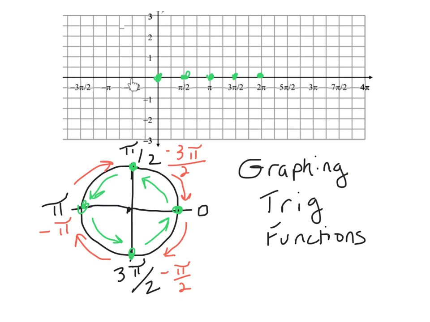And that's why you see negative pi over 2 here on your graph. So this point right here is negative pi over 2. That corresponds to this angle measurement when we're going in the negative direction. Then we have negative pi, that's this one. And then negative 3 pi over 2, that's this one.